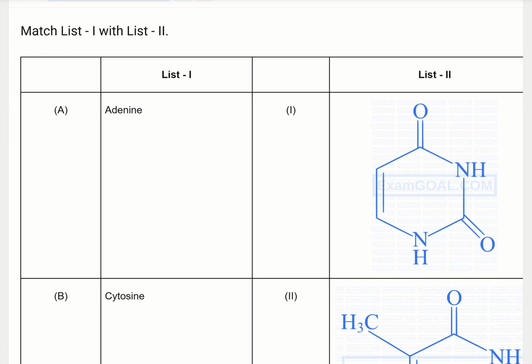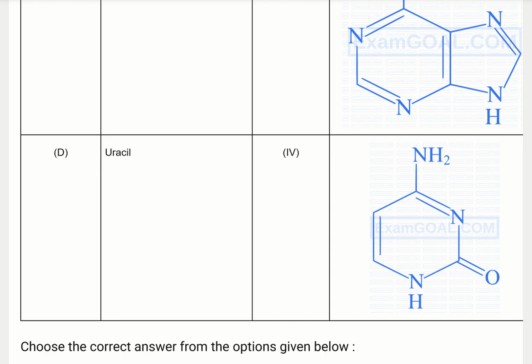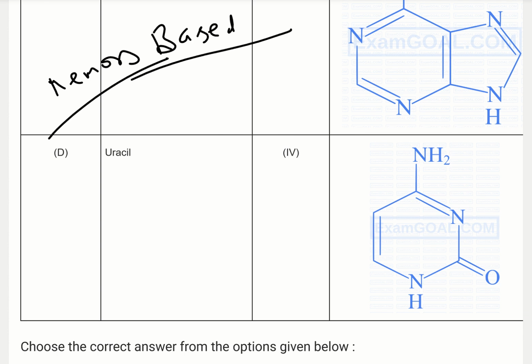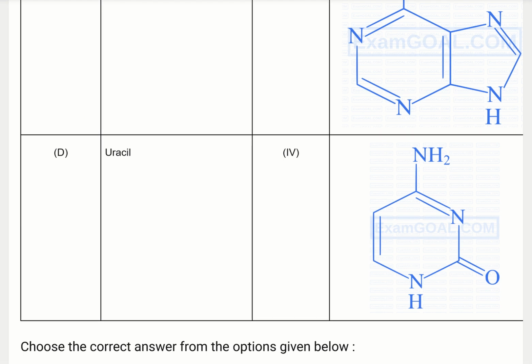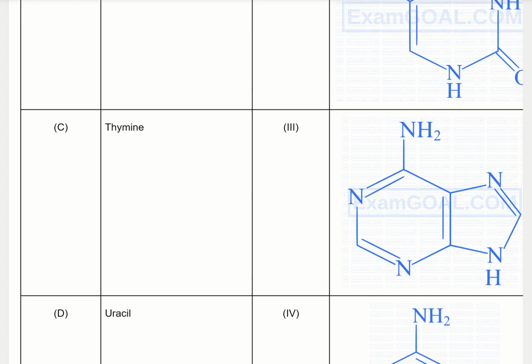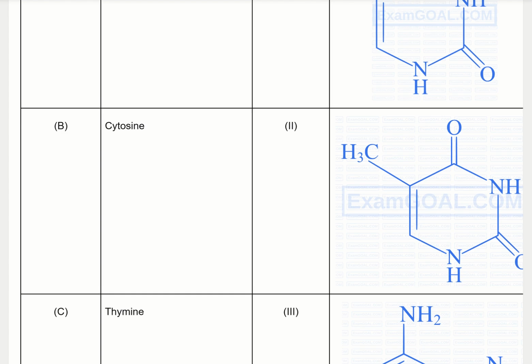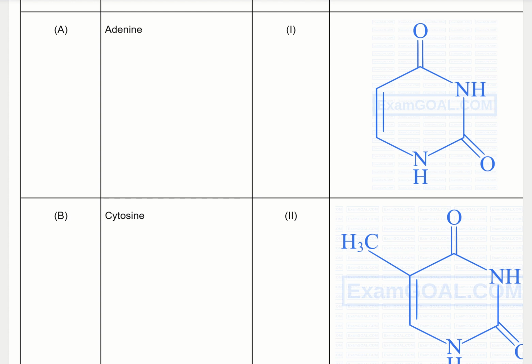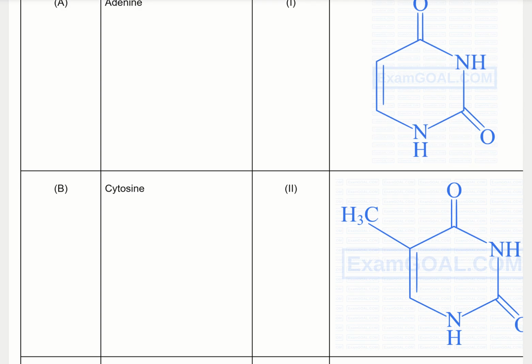Match the column. We have got adenine, cytosine, thiamine and uracil. Totally memory based question, because we tell our students to learn these bases. So uracil is first.